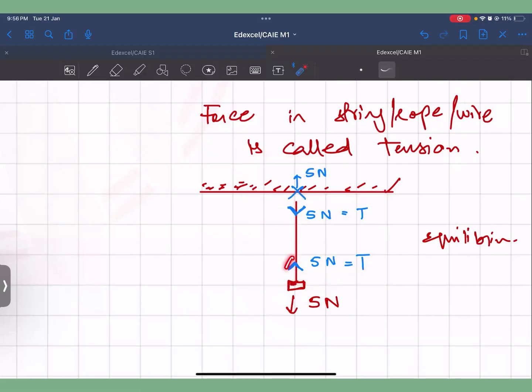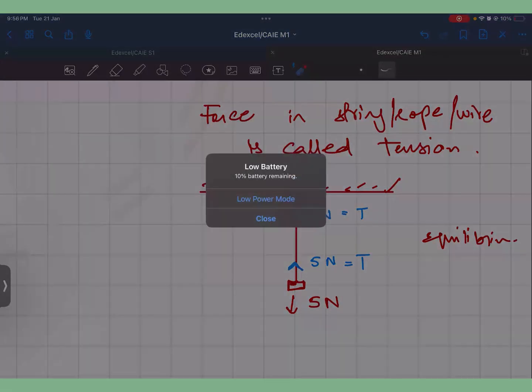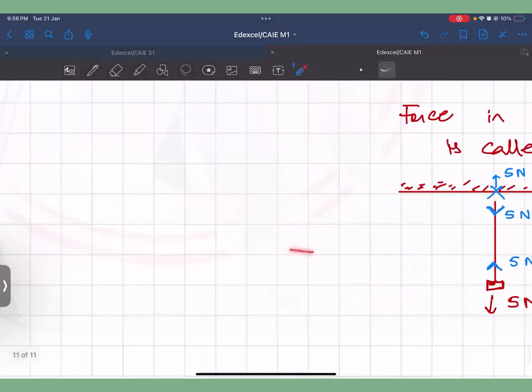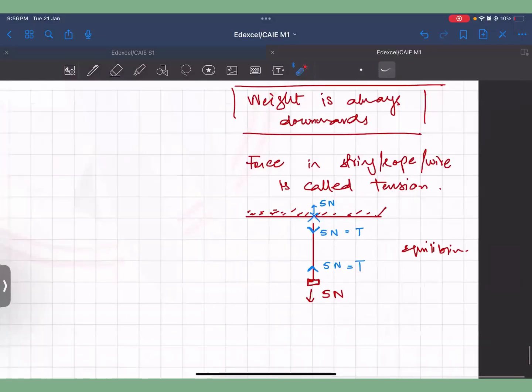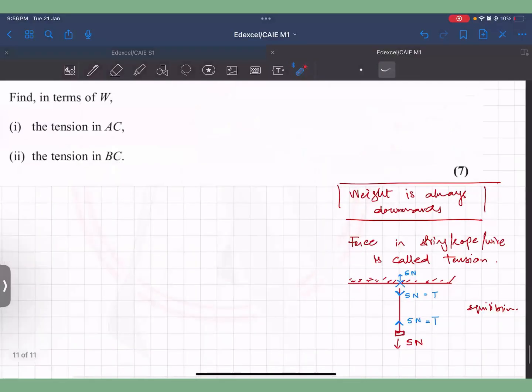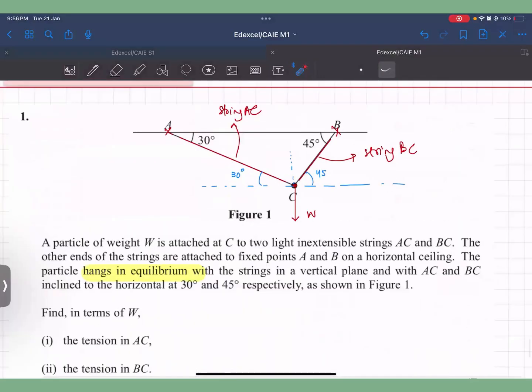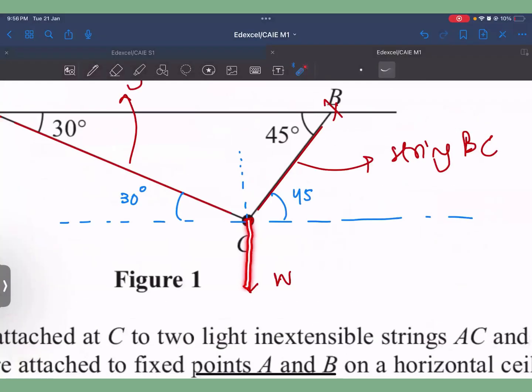The tension is acting in both directions. It depends on the position where it is being taken. This is an important thing. So now we can see that the weight is actually pulling it down. So there would be a force of tension over here, pulling it upwards, and there would be a force of tension over here.